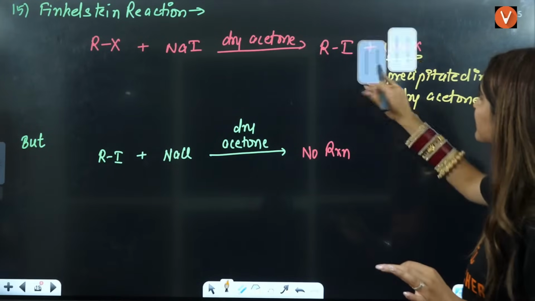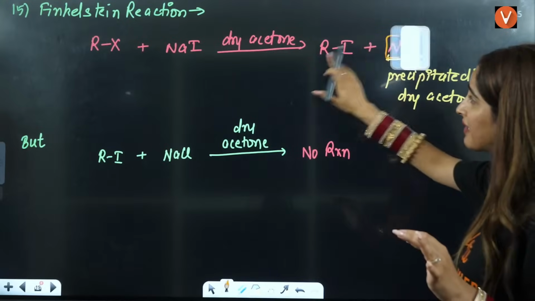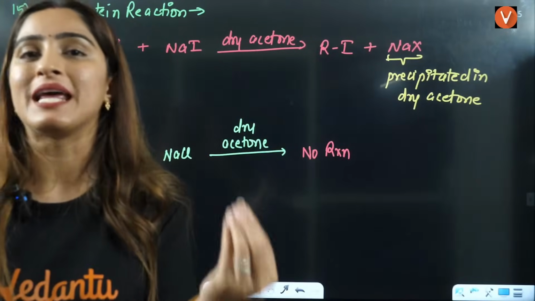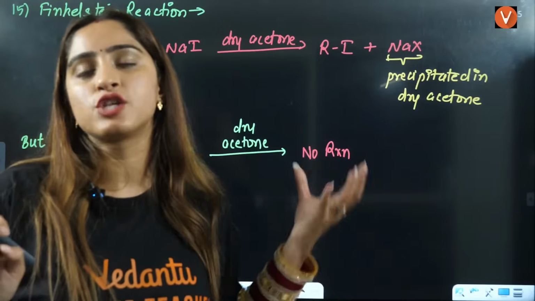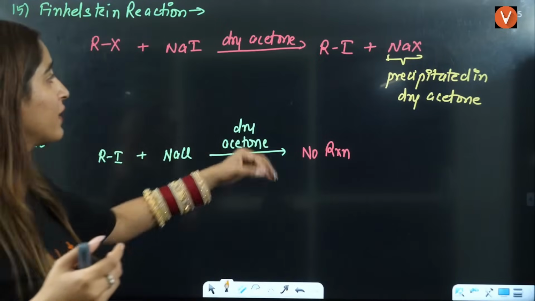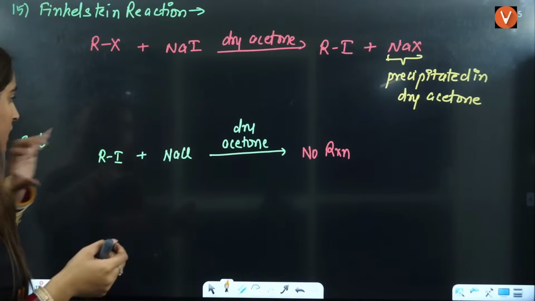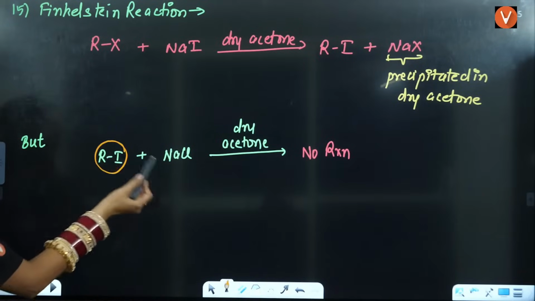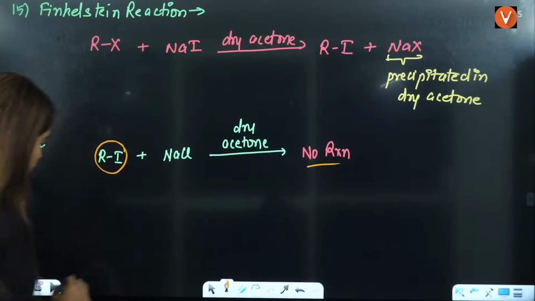Now why is dry acetone added? Because NaX forms the precipitate in dry acetone, and that is the reason we will get a pure product here, right? Next, you can't use RI here because this will give no reaction.